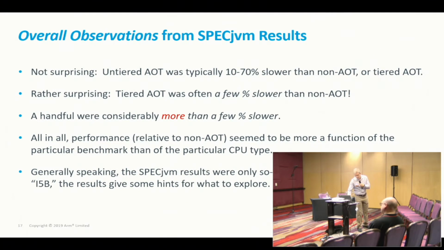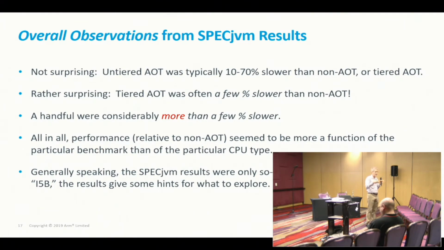Now, what did I see? Not terribly surprisingly, untiered AOT cases were kind of slow, especially on the non-startup cases, in the normal running cases, because it couldn't take advantage of the real-time optimization. So that's not surprisingly slowed them down quite a bit. However, what was surprising is that even tiered AOT, which should be the best of both worlds, right?